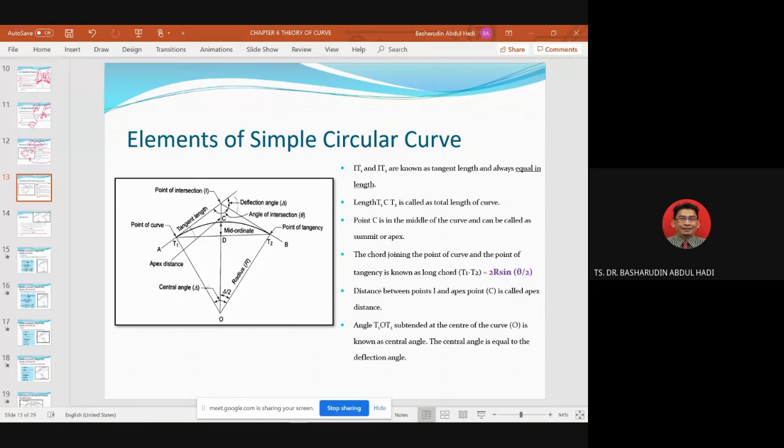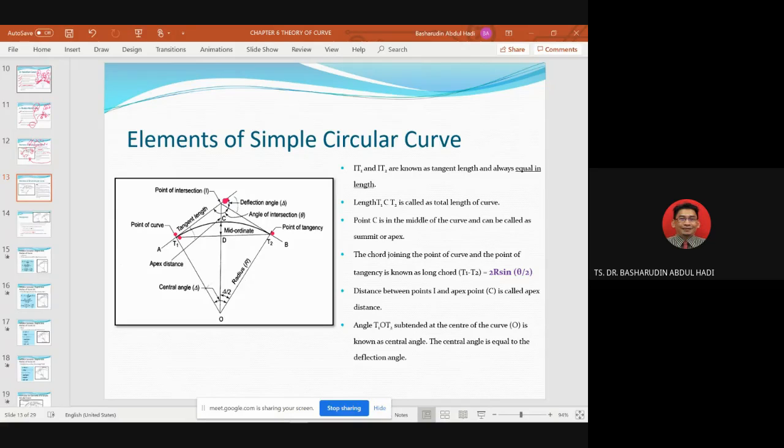Okay, next. We look again at the elements of a simple circular curve. So we have here IT1. Where is I? I to T1, and I to T2, at the point of tangency.